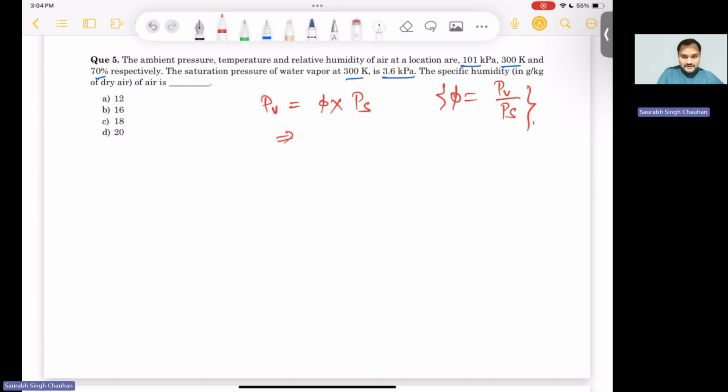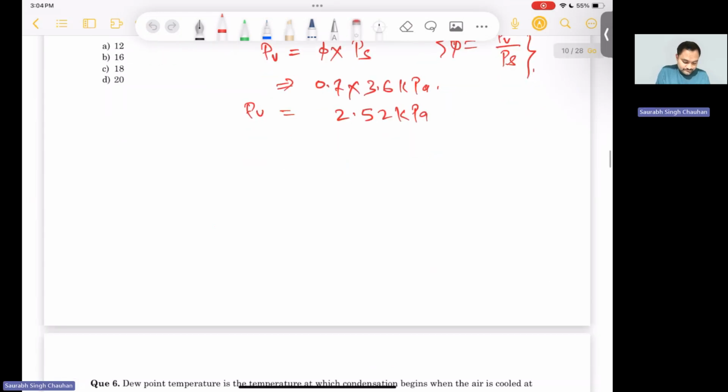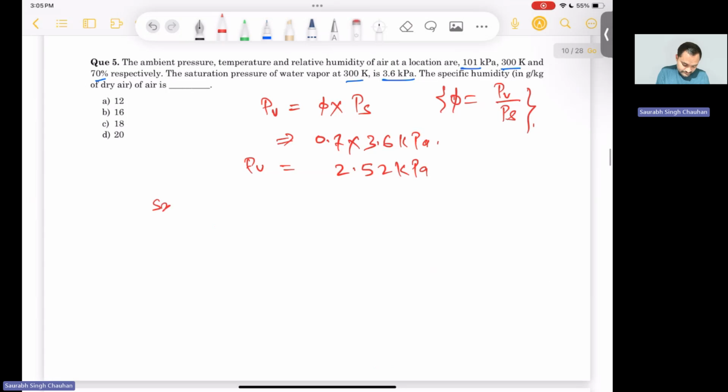Partial pressure of water vapor in the mixture divided by the saturation pressure at the given mixture temperature. So relative humidity is 70%, so 0.7 multiplied by the saturation pressure, 3.6 kilopascal, is 2.52 kilopascal, and we have to find specific humidity.